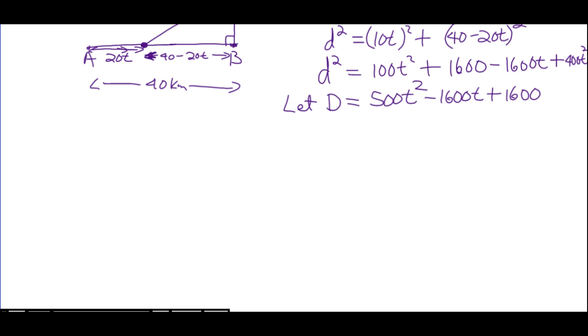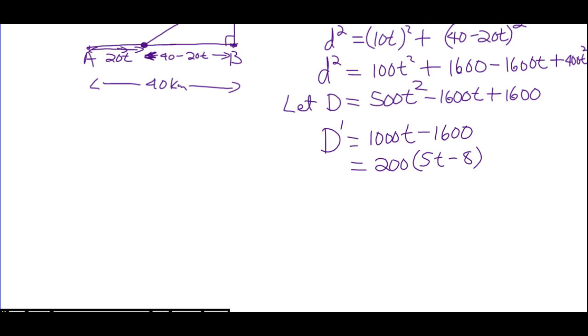Okay, so D prime is 1000t minus 1600, which we can factor as a factor of 200 there, so that's equal to 200 times (5t minus 8). D prime exists everywhere, right?